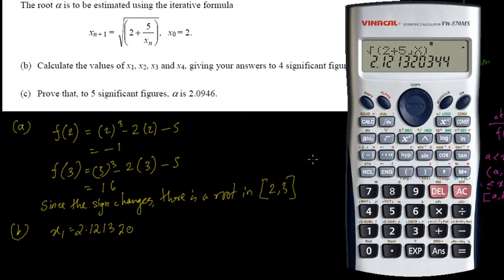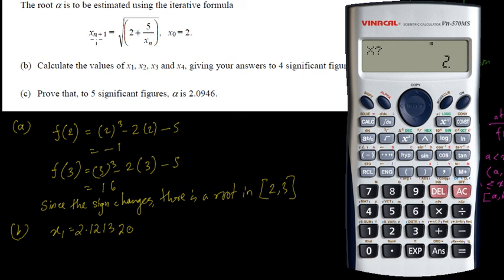So the next one, now remember, once I press the equal to sign, the calculator by default stores that answer, 2.121320 here. So we now have the value of x1 stored in the calculator as answer. If you press the calc button again, you have this question mark. That means the calculator is ready to load the value of x into this equation again.